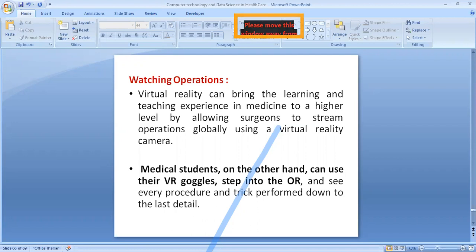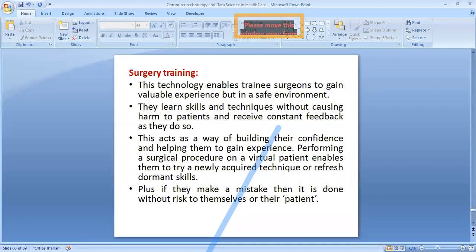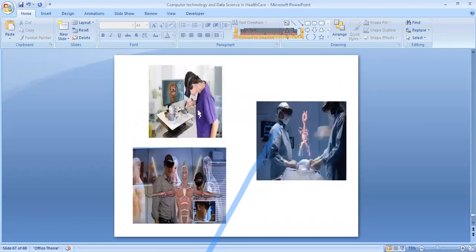So watching operations via goggles, they are going to get trained not only in the study of anatomical modeling or visualization of the body, but surgery training is also made possible. So the picture showing that.